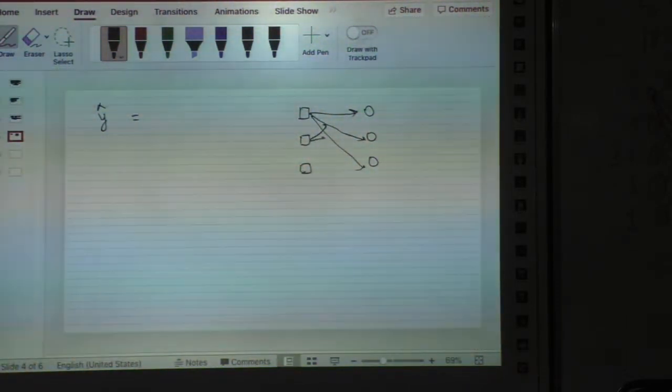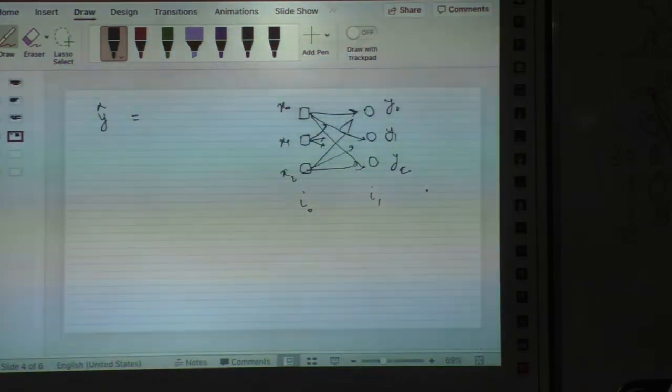So I have my y0, y1, y2, and this is x0. I call this the I0 layer, this is the I1 layer. You remember this notation from last time. Now y hat I1 is equal to the summation over all I0 of W I0 I1 times X I0, plus the bias. Correct?